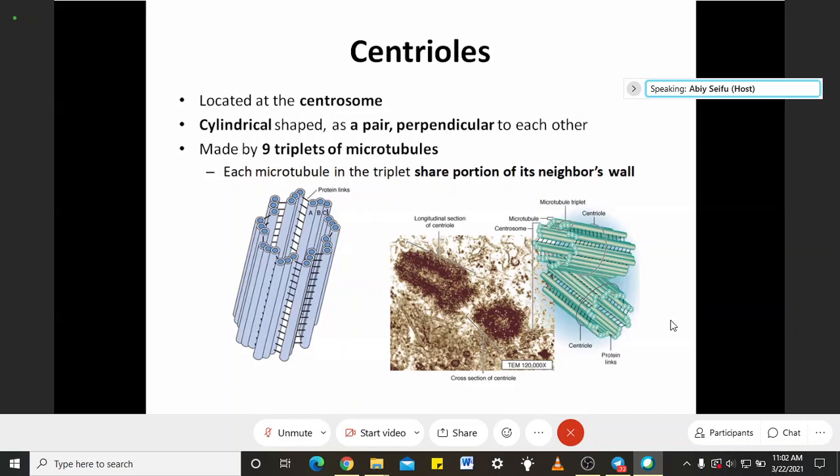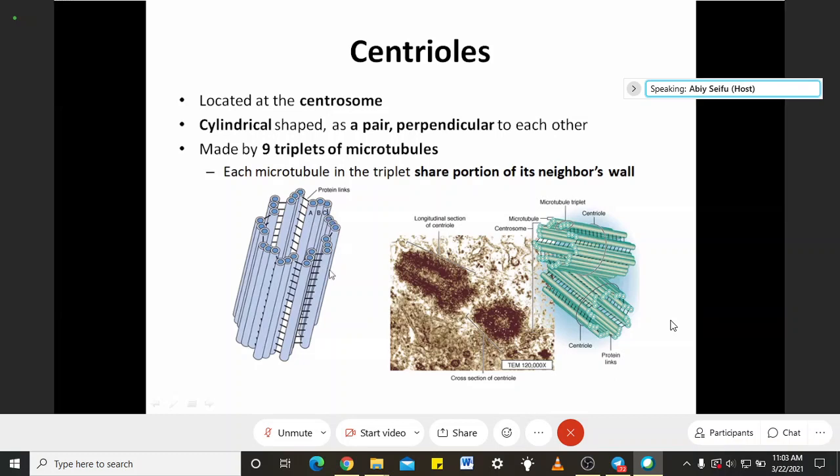When we look at one centriole, each centriole is made by 9 triplet microtubules. Look at this. This is one, count this: 1, 2, 3. 1, 2, 3. 1, 2, 3. 9 triplet microtubules placed peripherally.